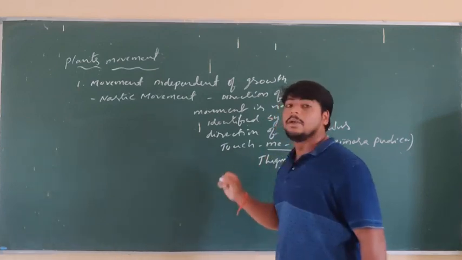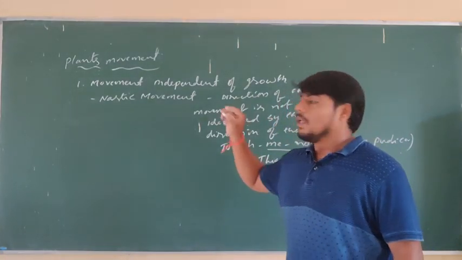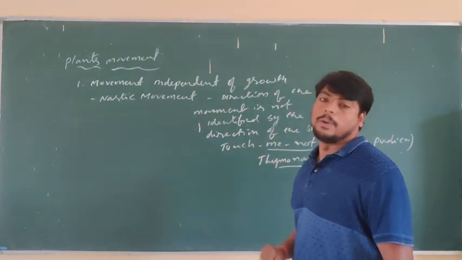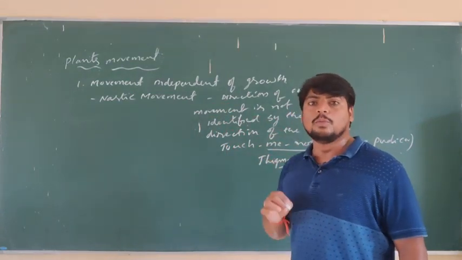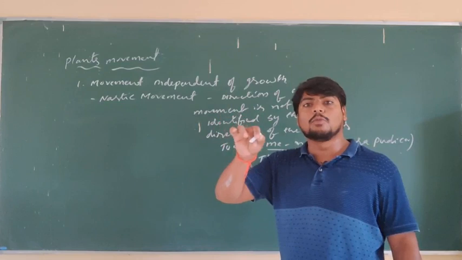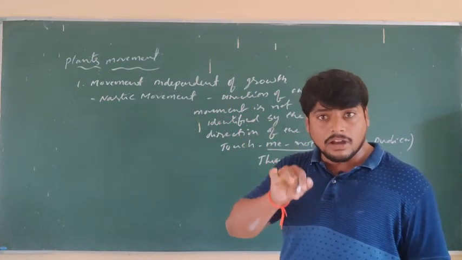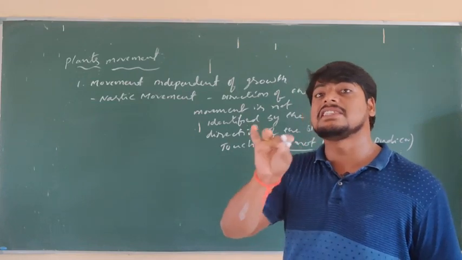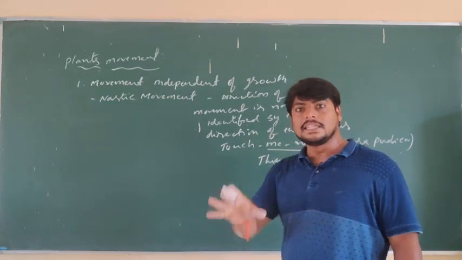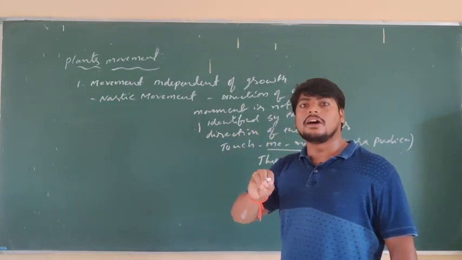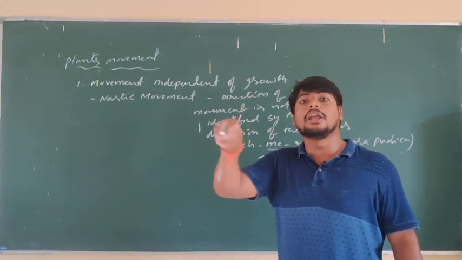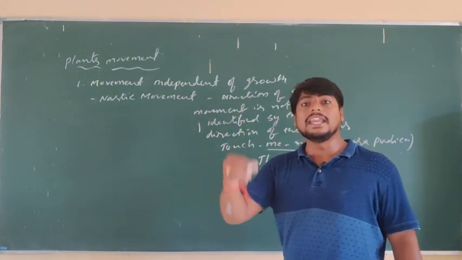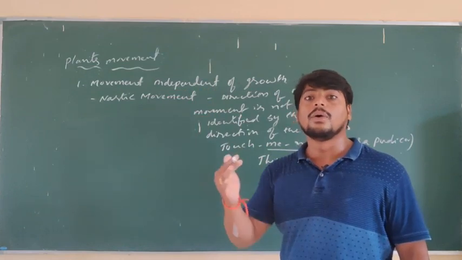So, what is Nastic movement? Nastic movement is the movement where the direction of the plant's movement is not determined by the direction of the stimulus. The complete organs of the plant respond to the stimulus, but it is not growing.